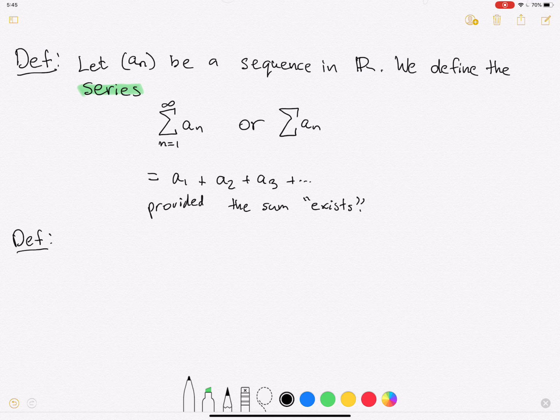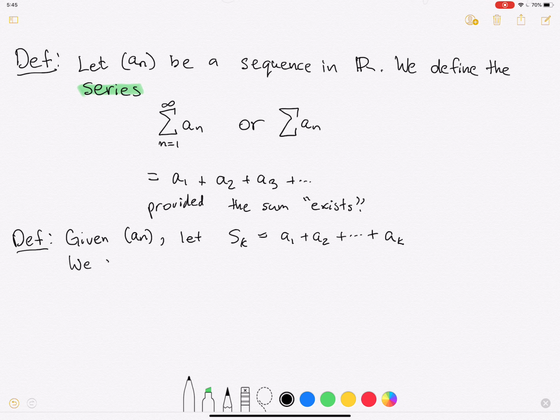Definition, another one. Given a_n, let s_k equal a1 plus a2 all the way up to a_k.